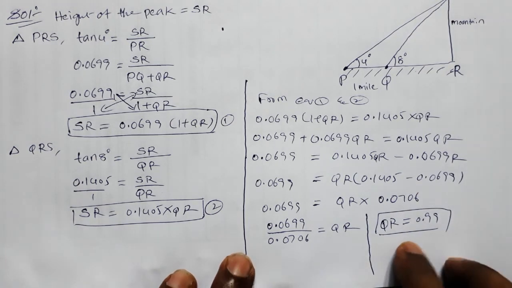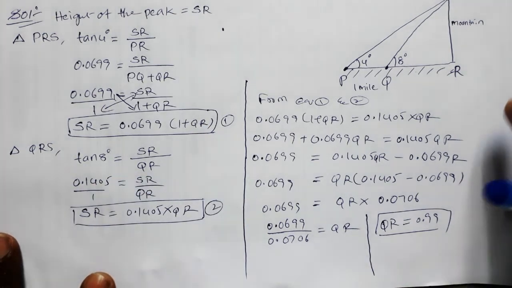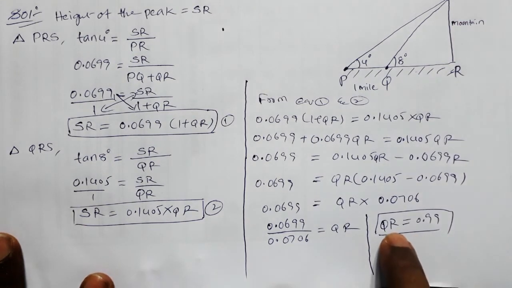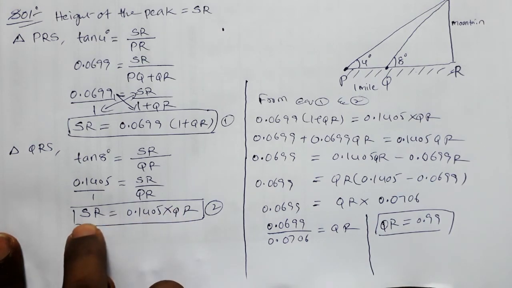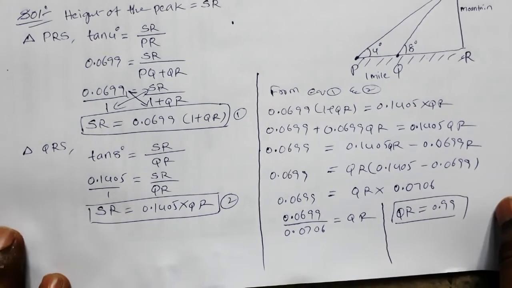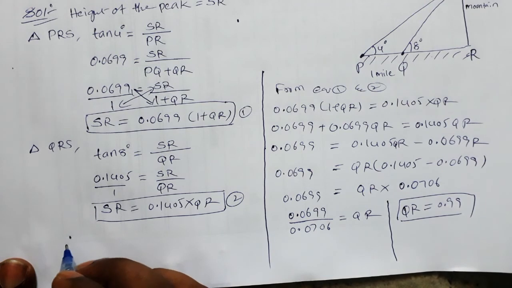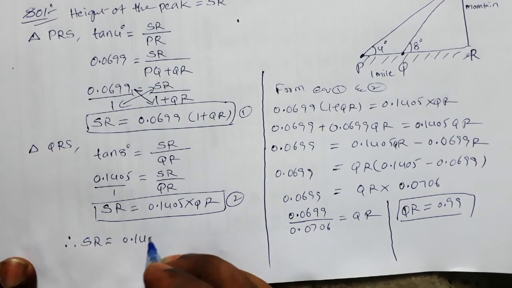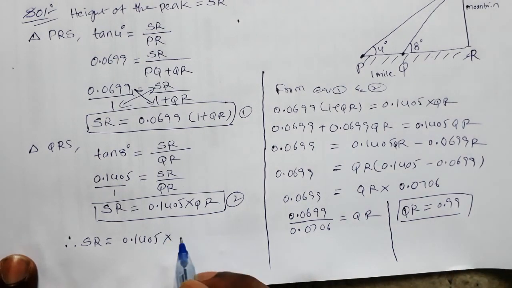What we have to find is SR. Substitute this QR answer in equation 2 to get SR. SR equals 0.1405 into QR, 0.99.